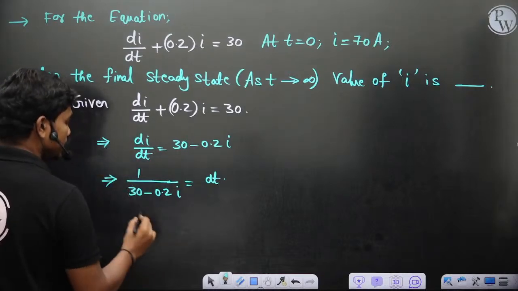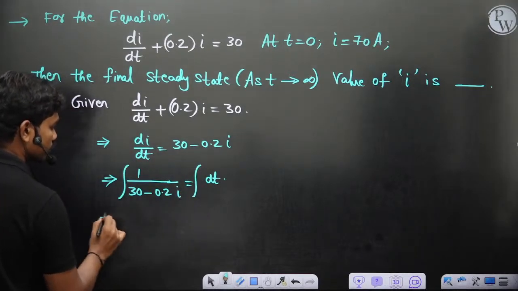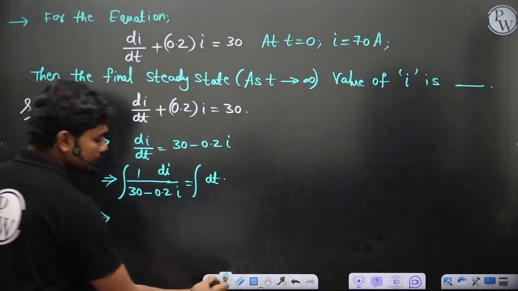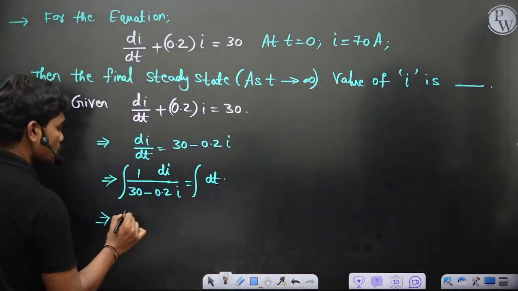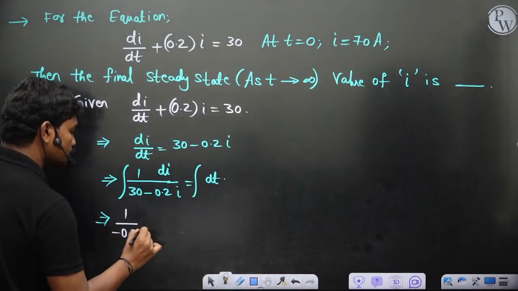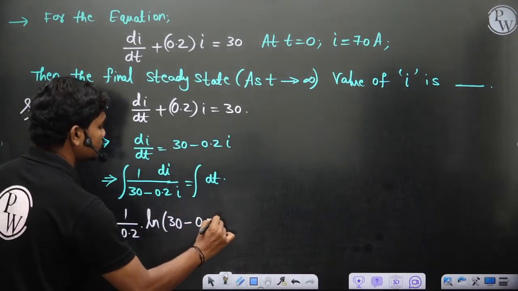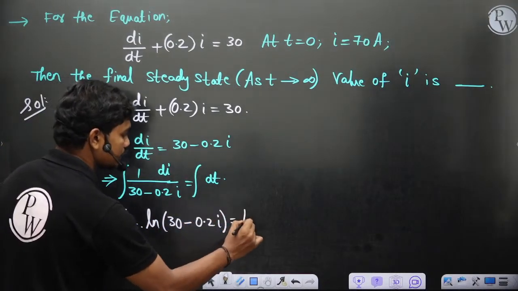Then if you integrate this, the left side is 1/(-0.2) times ln(30 - 0.2 I), equal to the integration of dt, which is t.